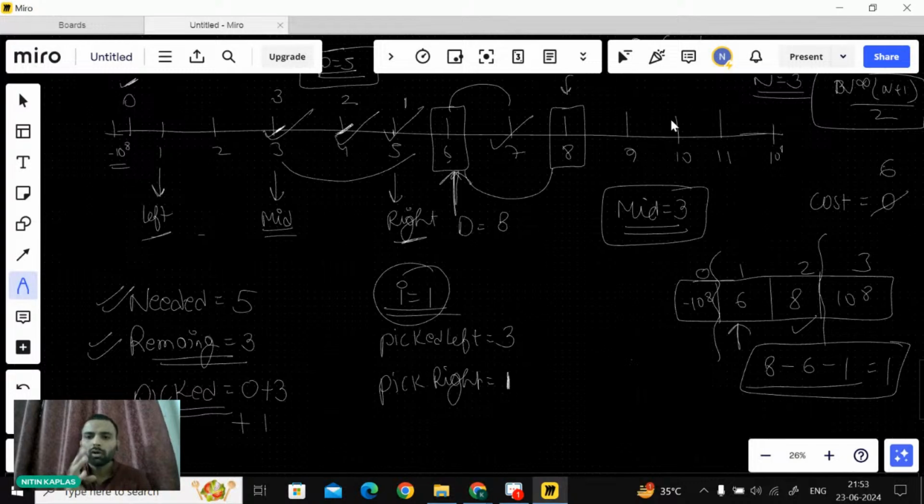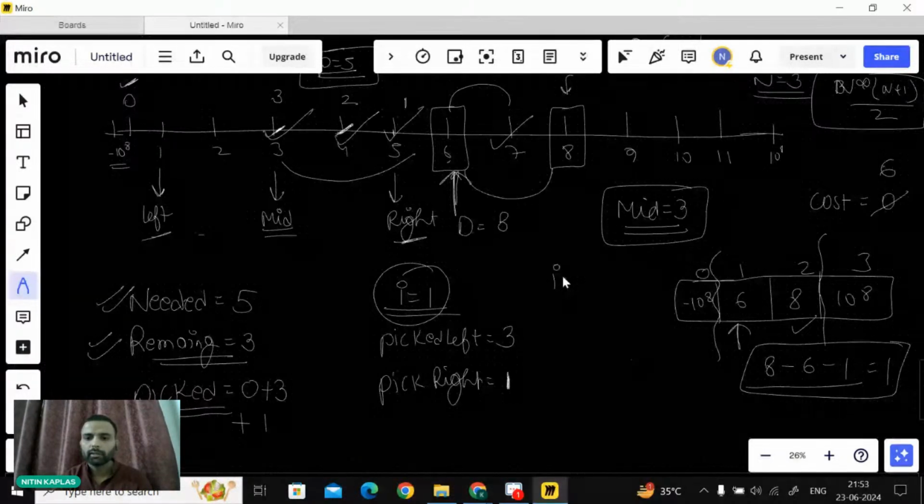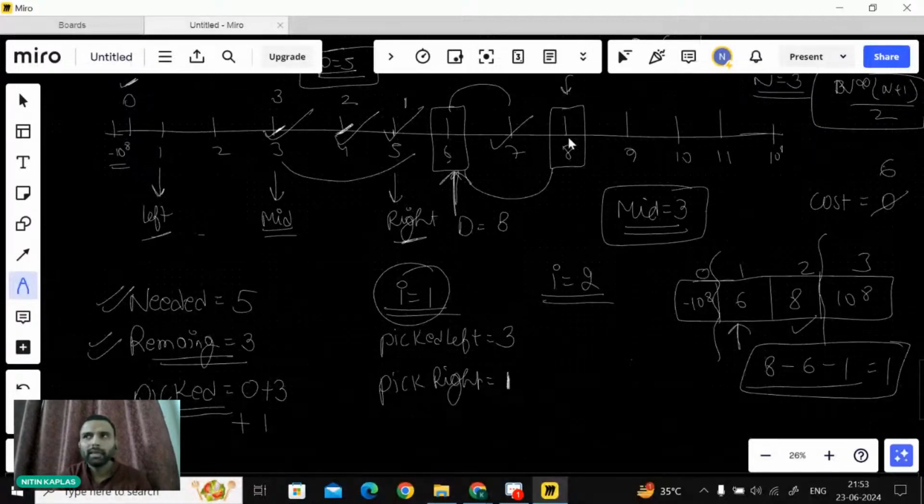But if you focus, before going to i equal to 2, I have the range. I know the distance between these two, which is 1, because I already bought this. I'm not able to go and buy this property again, because this plot is already solved.